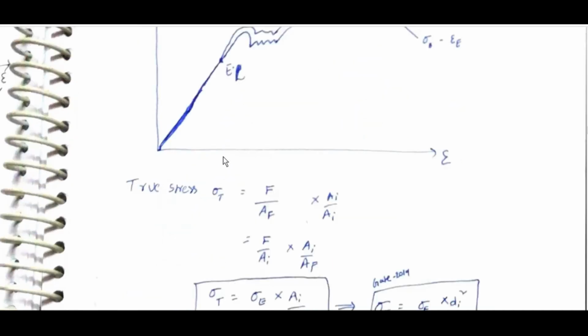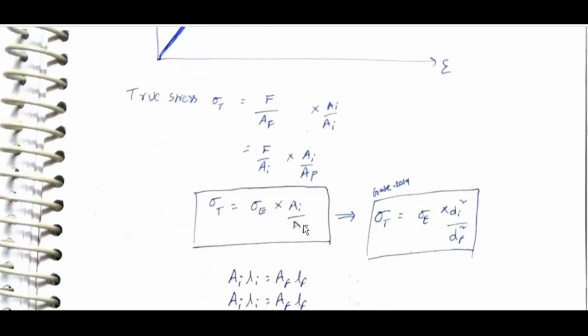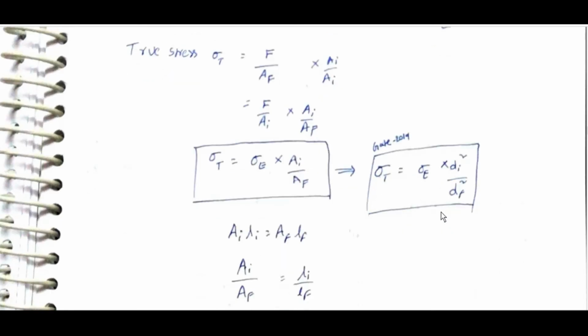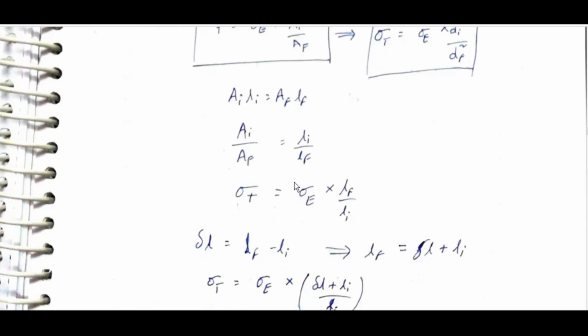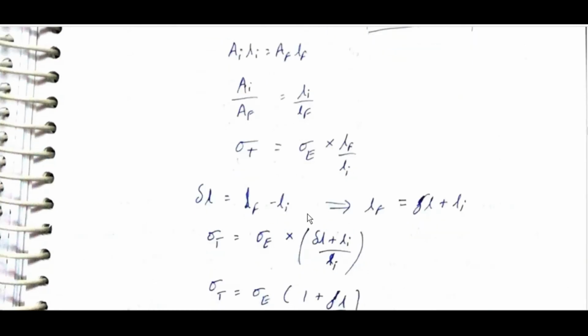True stress sigma t is equal to F by Af into Ai by Ai, which is equal to F by Ai into Ai by Af. Sigma t is equal to sigma e into Ai by Af. In GATE 2019, one question asks sigma t is equal to sigma e into di square by df square. Ai Li is equal to Af Lf, so Ai by Af is equal to Lf by Li. Sigma t is equal to sigma e into Lf by Li.